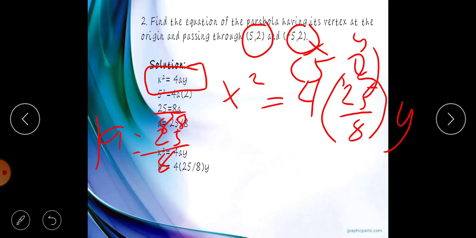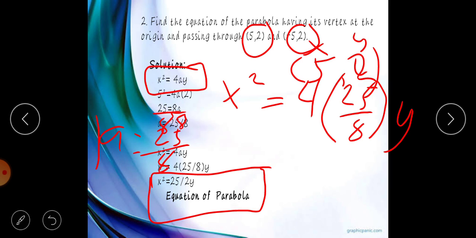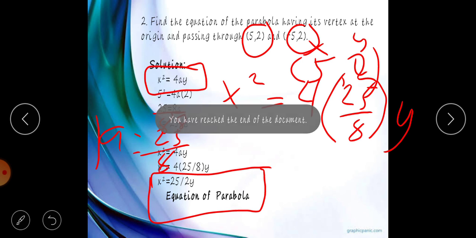After that, just multiply 4 times 25 over 8. So the equation of the parabola we're finding is x squared is equal to 25 over 2 y. So this is now the equation of a parabola having a vertex at the origin and passing through the points (5, 2) and (negative 5, 2). So, thank you.